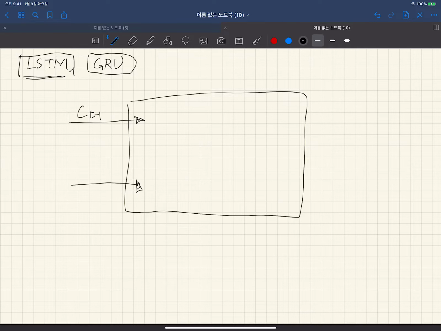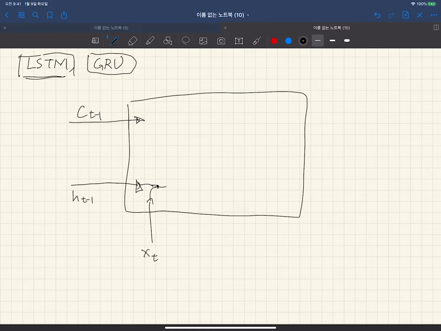One is the cell state, and the second one is just the hidden state. When the 2 hidden states come in, and also a new input data point comes in, first we concatenate ht-1 and xt.